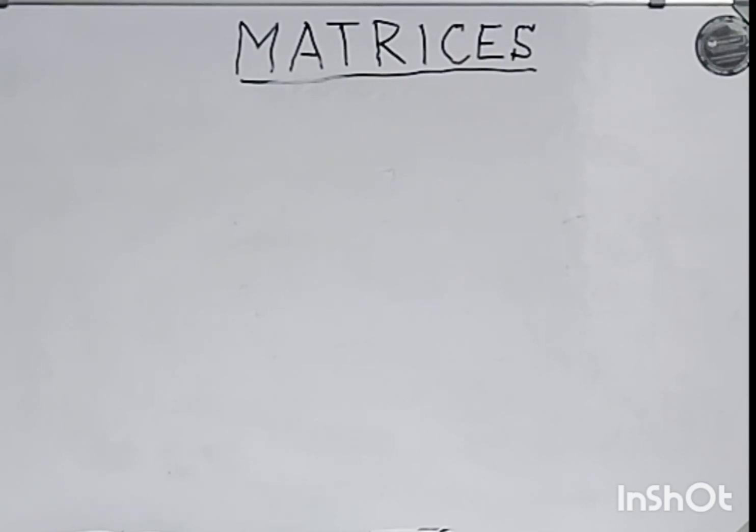A square matrix is called a diagonal matrix if every non-diagonal element is 0.